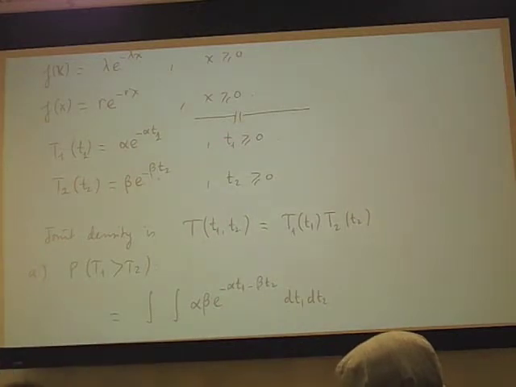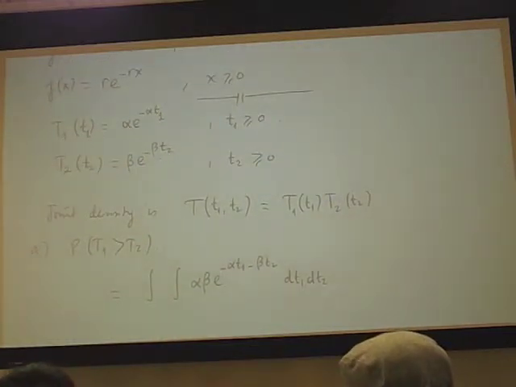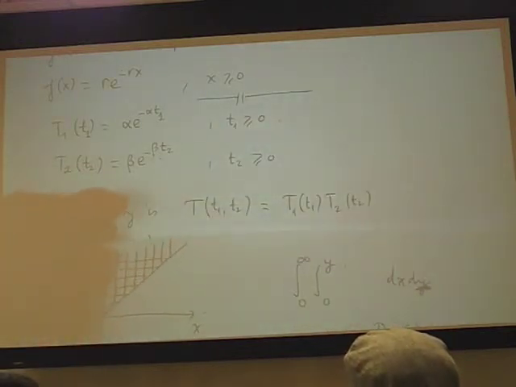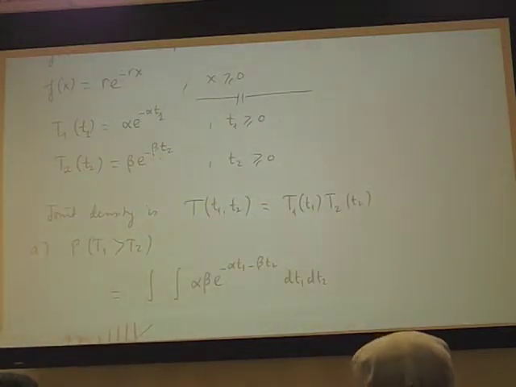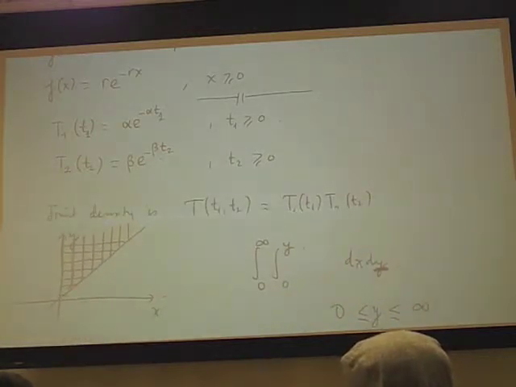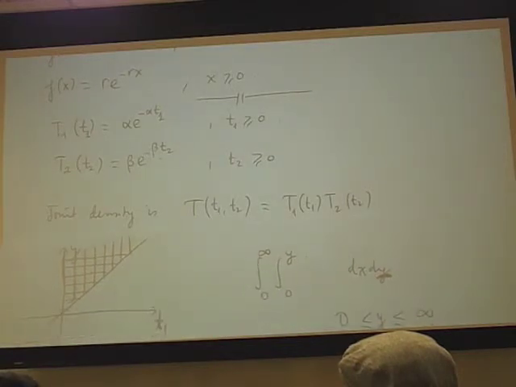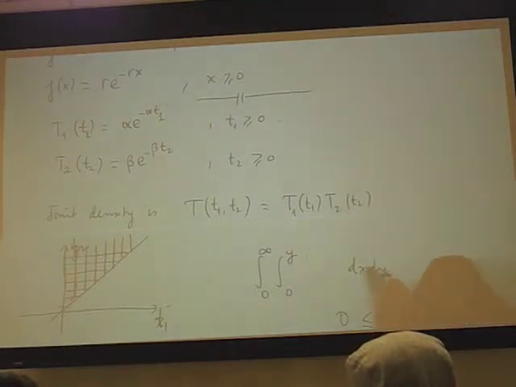I just have to find the limits accordingly. Next comes the question of determining the region where T1 is bigger than T2. Let's graph it out. It's exactly the same graph as before if you think about it. Let's say X is my T1 and Y is my T2. If I use dx dy, that means I use dt1 dt2 here, correct?